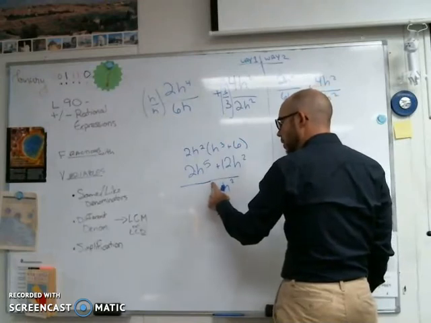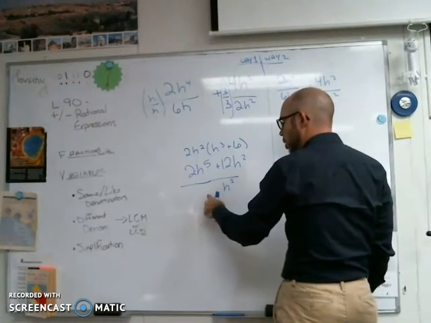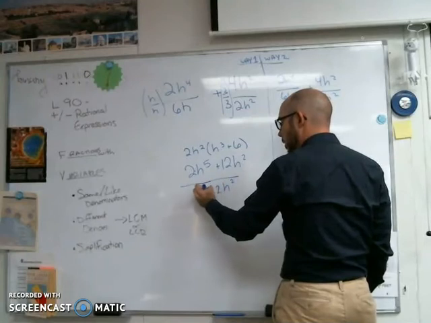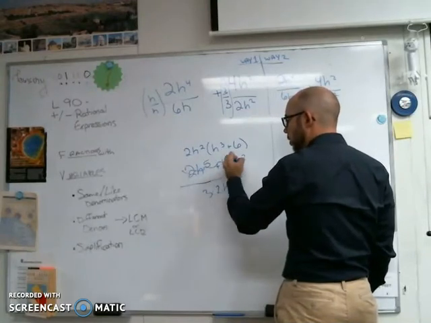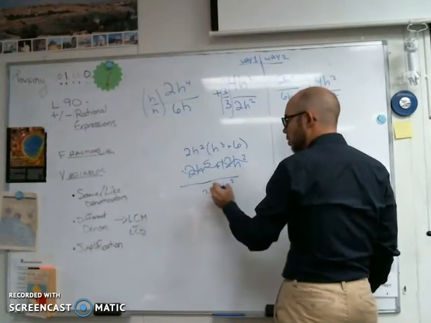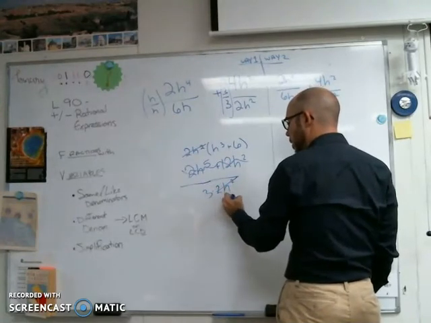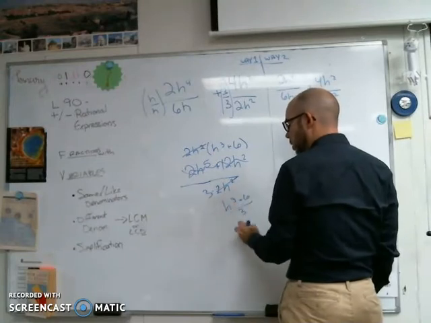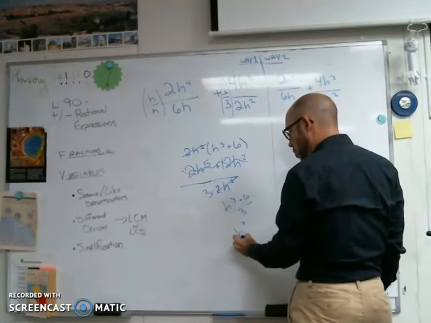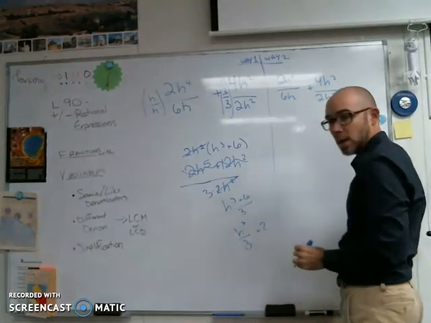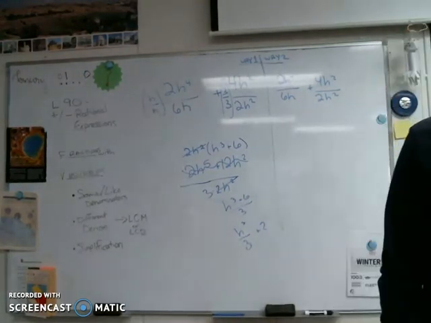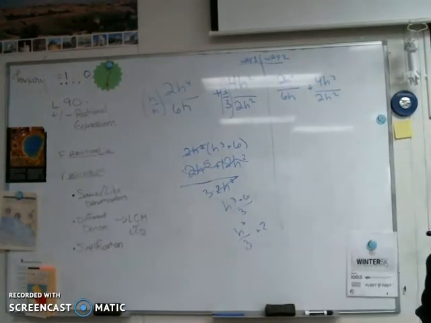And the bottom was 2 times 3, so I'll put it like this. And this is the new numerator, and this is the new denominator. 2h squared can come out of the top and the bottom. It could be simplified that way, or I think, let's sure hope that I did that one right, or else I just wasted a whole bunch of time.